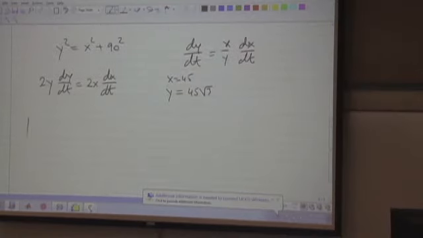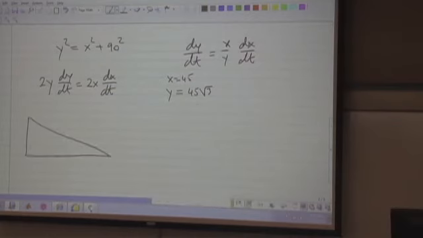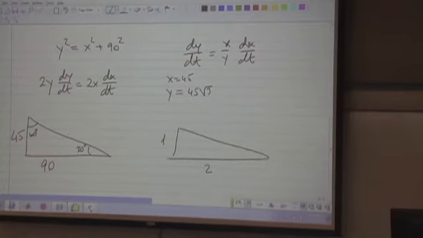Think about your triangle. This side is 45, this side is 90, which means this is a 30-degree angle, this is a 60-degree angle. Think about your trigonometric triangles. 1, 2, square root of 3. Right?